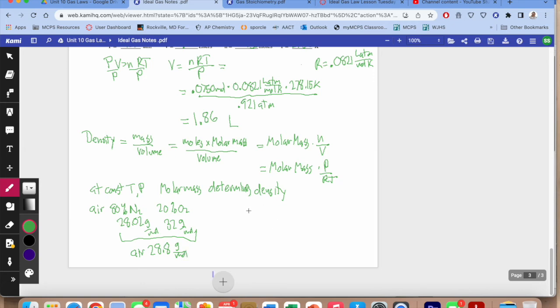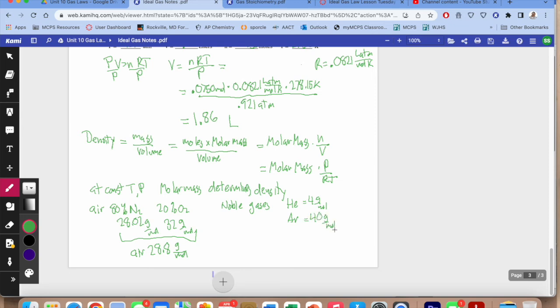Well, let's suppose we had different gases. Let's use noble gases, right? Suppose you had helium, which is 4 grams per mole, or you had argon, right, which is 40 grams per mole.